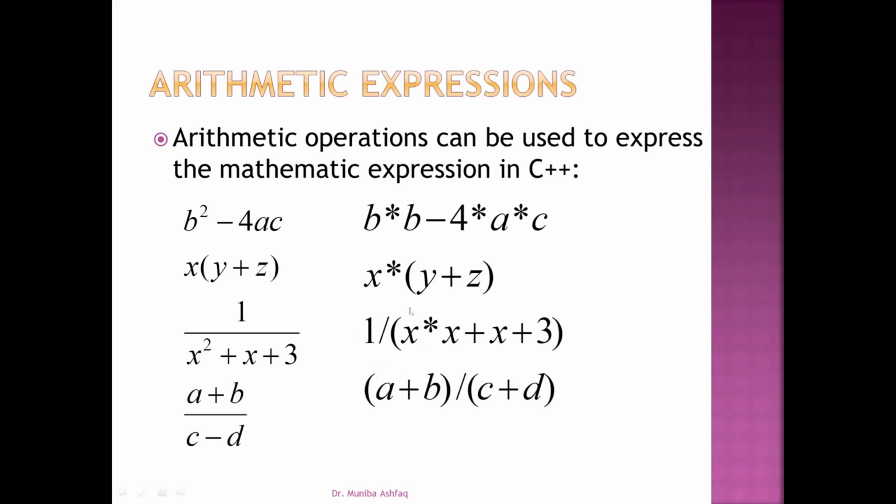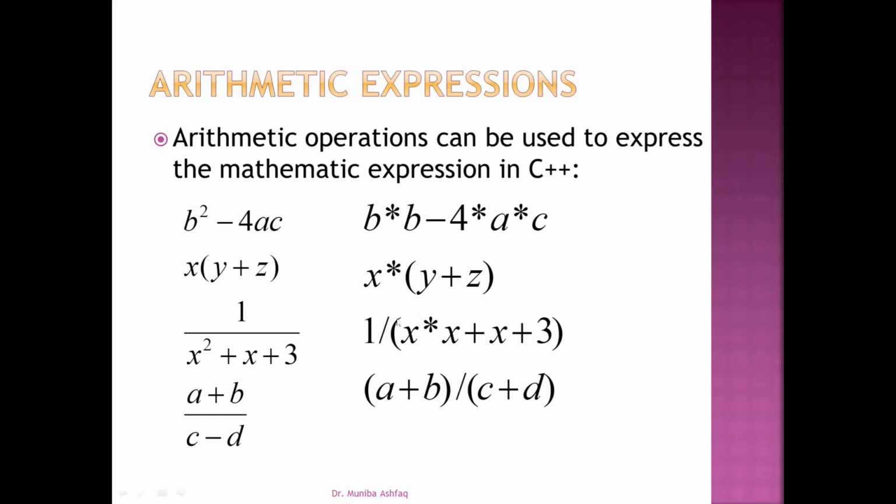If you do not write these parentheses, then as in C++ there is an order of precedence for the operators, first of all 1 over x will be evaluated, and the result of that would get multiplied with x. Then the result will again be added with x, and the final result will be added to 3.